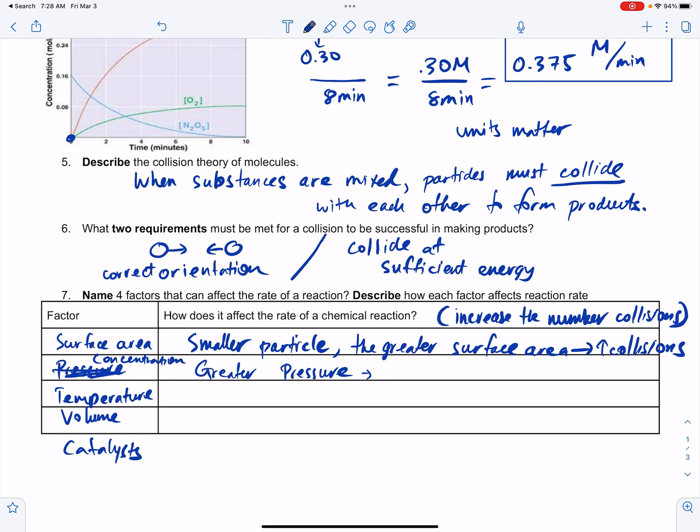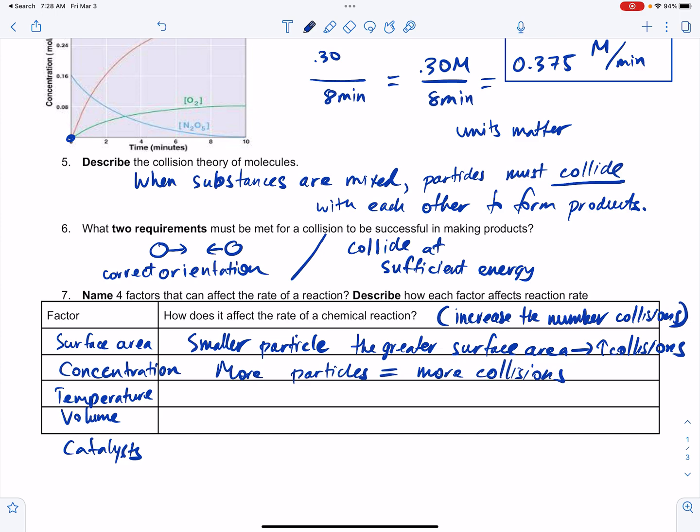The greater the number of particles, more particles equals more collisions. This changes to concentration. Can you hear me?